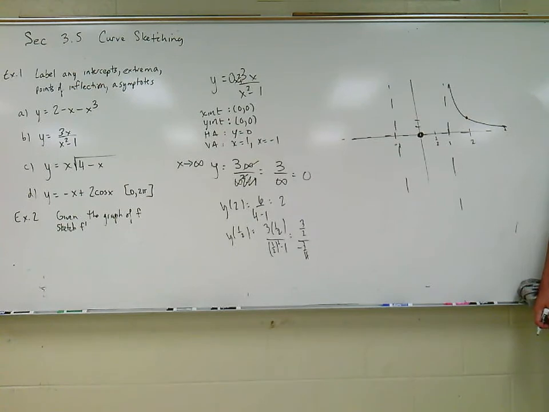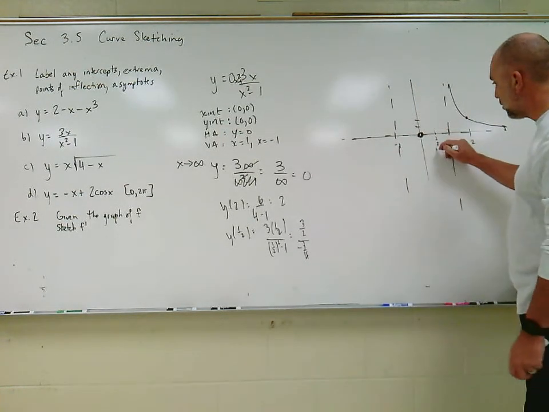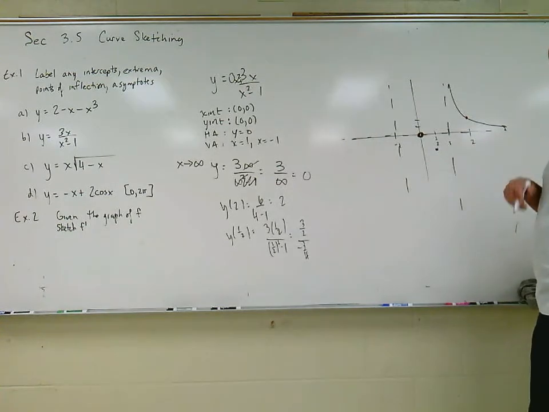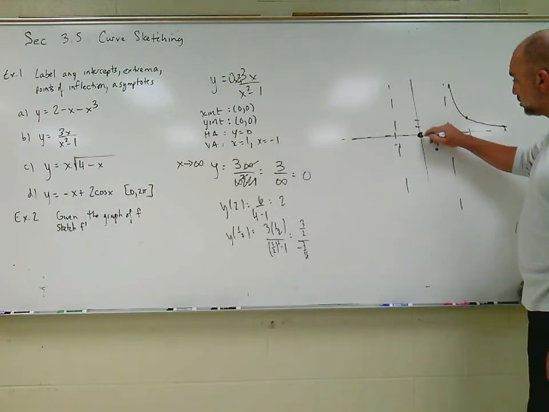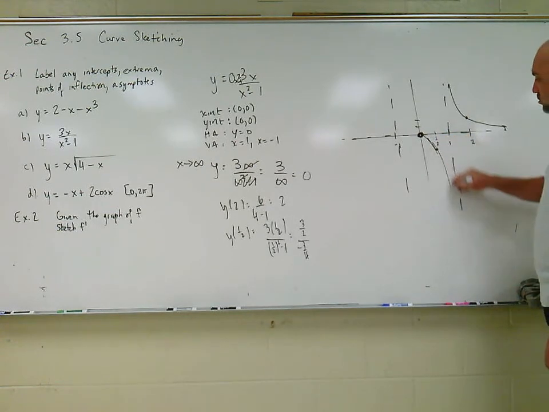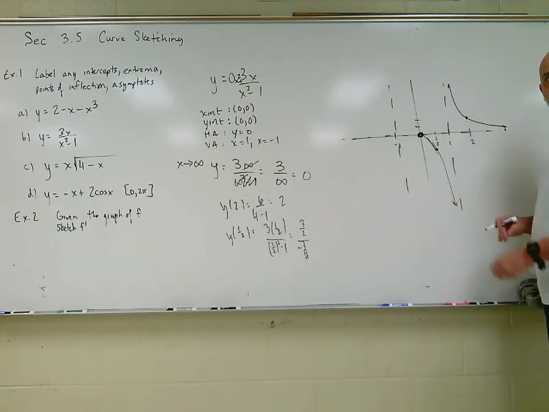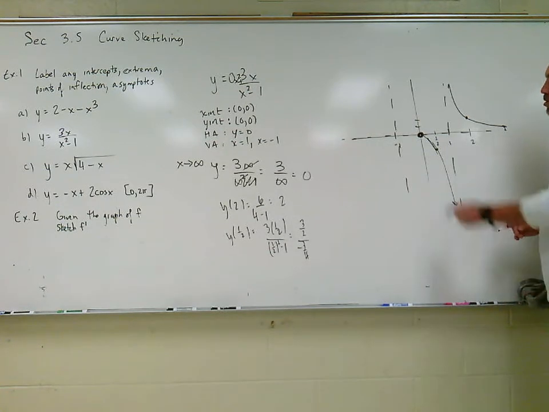I really don't care about the answer. I care that it's a negative. So at 1/2, I know I'm going to get a negative, wherever it is, doesn't matter. That tells me the graph is going down right here, because asymptotes are guides. They tell you what the graph approaches. Okay? So I got that one. What does your gut tell you it's doing to the left? Going up or going down?